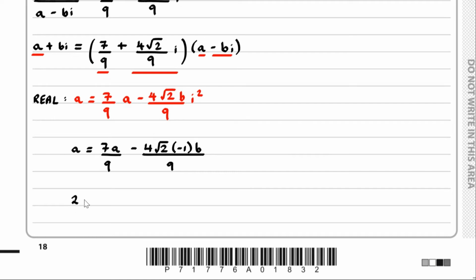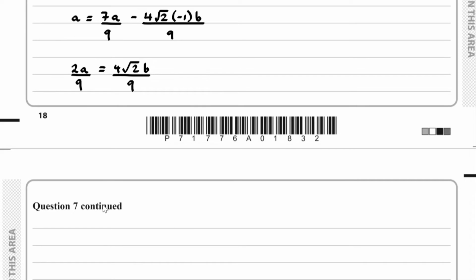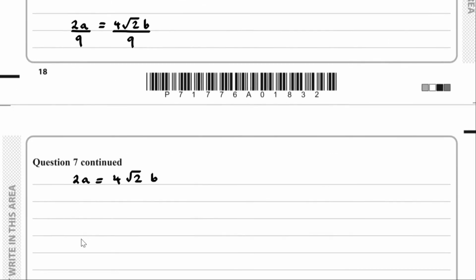So 2a over 9 equals 4 root 2 b over 9. And multiplying through by 9, we end up with 2a equals 4 root 2 b, and so therefore we can conclude a is equal to 2 root 2 b.